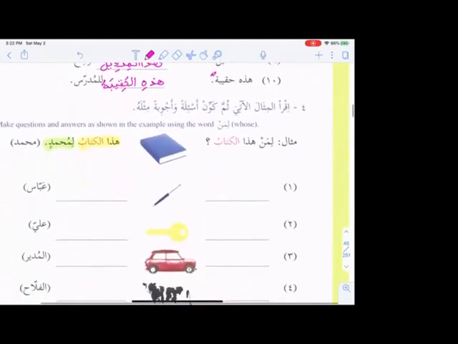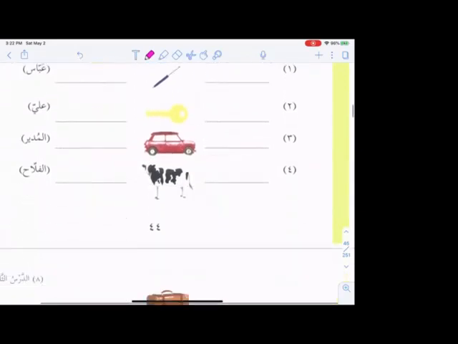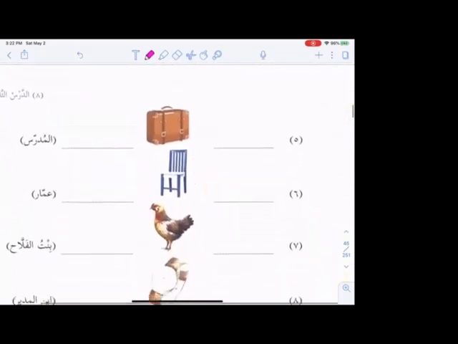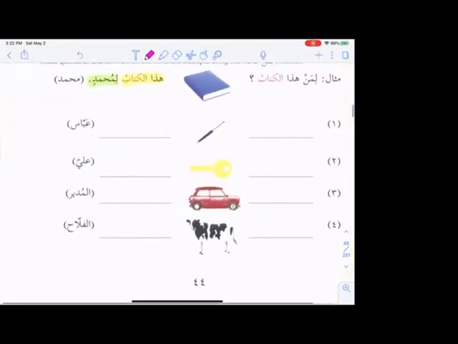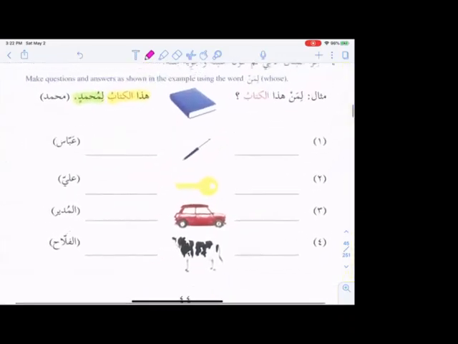Now here, the question and answer, you should have no problem. I will just give you a general guideline, my brothers and sisters, inshallah.